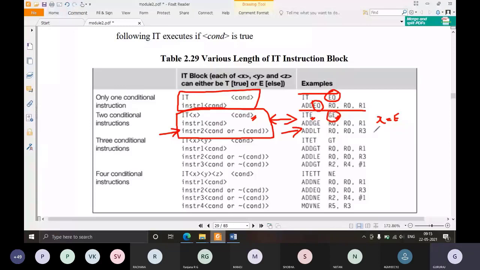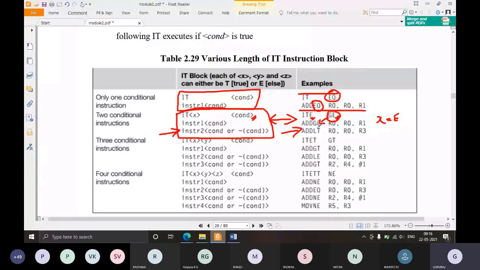ITE GE, greater than or equal. The first statement of the IT block has the same condition as the whole IT block. So GE and GE, both are the same. So ADDGE, add if greater than or equal, R0, R0, R1.